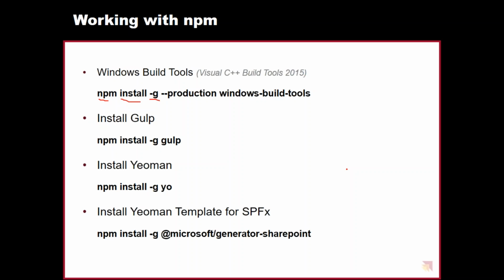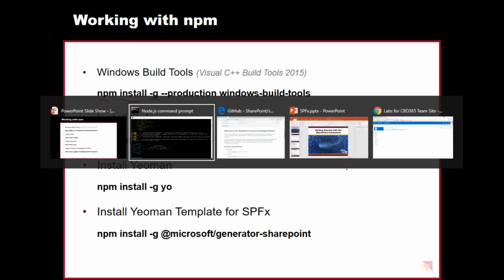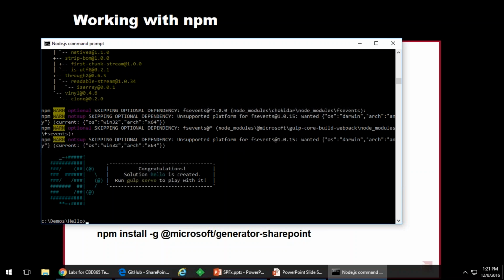So, for instance, after you install Yeoman, you're going to install the Microsoft-created template for basically creating new projects. And so at Microsoft Generator SharePoint, you're going to do that. And once you've done that, you're going to be able to do the thing that I just showed you how to do. Okay, I look over here, and what you can see is that the project has now been installed.